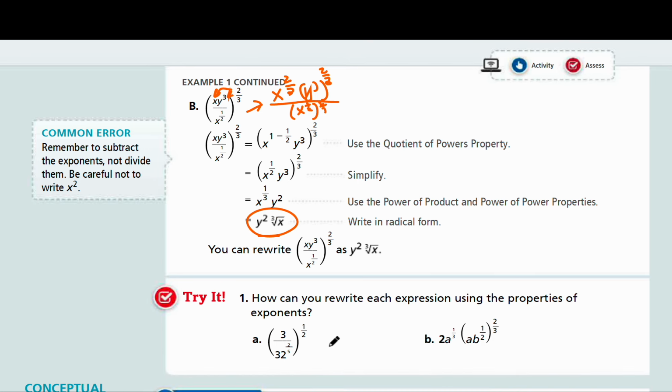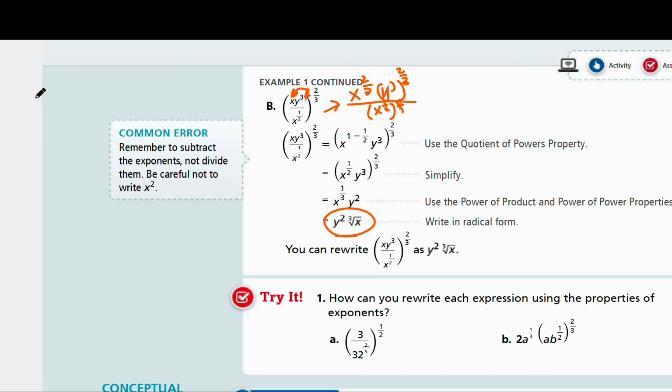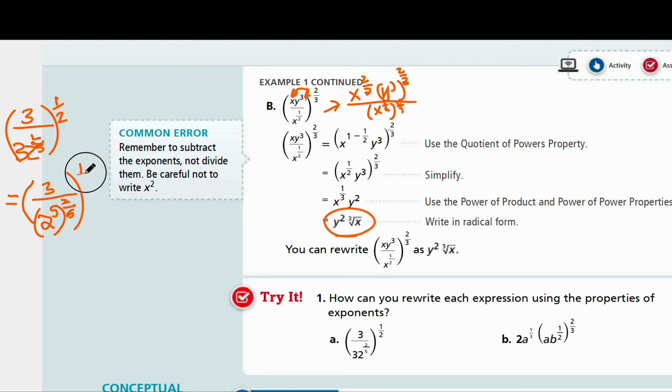Okay, are you ready? Let's look at number 1a. So you have 3 over 32 to the power of 2 over 5, all to the power of 1 over 2. So this one, you can rewrite 32 as a base 2, right? So you have 3 over 2 to the power of 5, to the power of 2 over 5, to the power of 1 over 2.